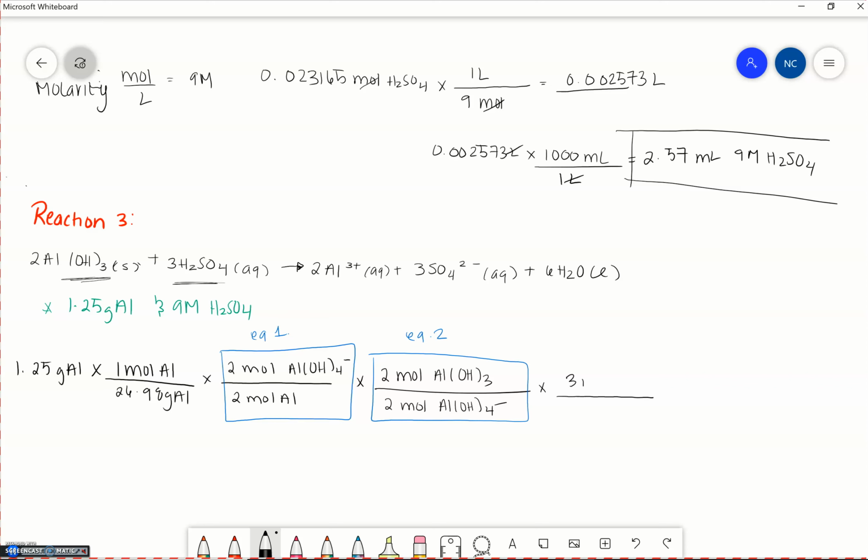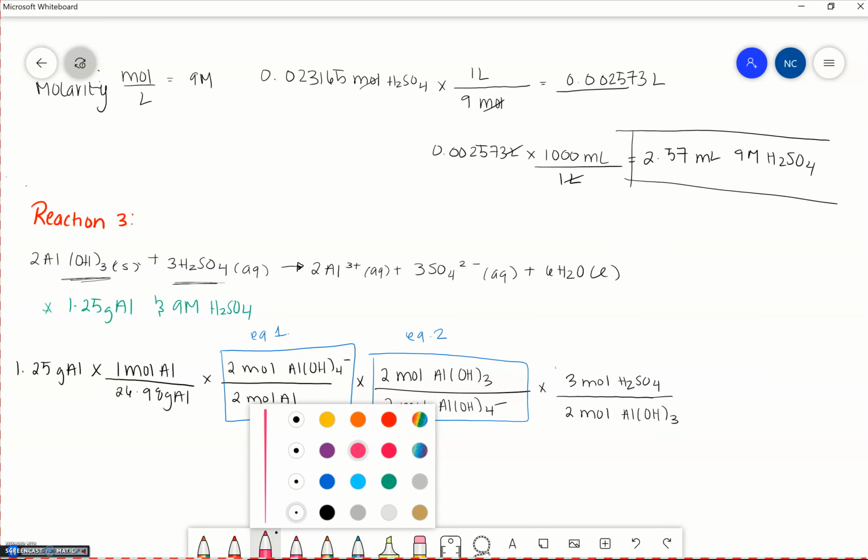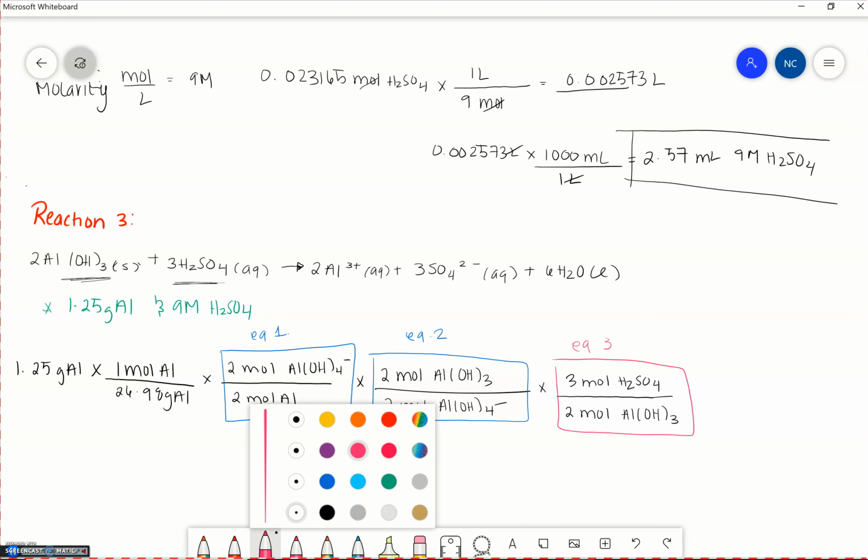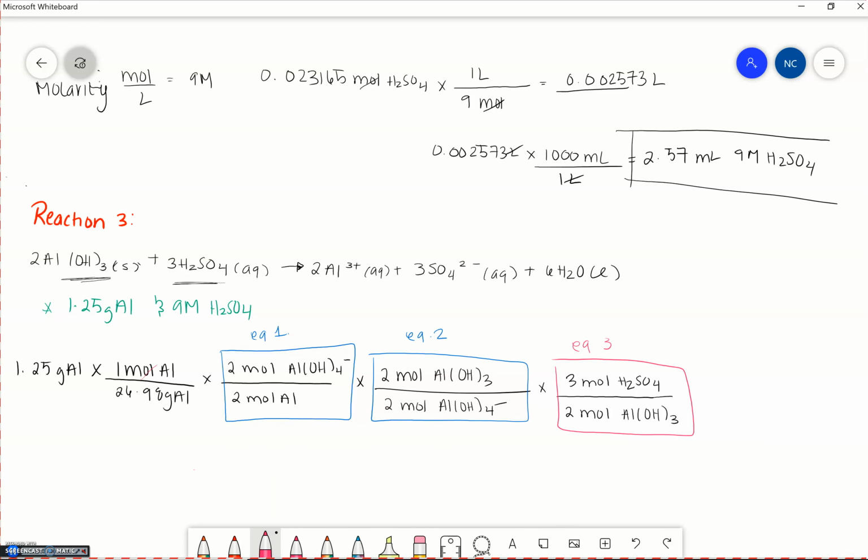In the numerator, it's going to be 3 moles of H2SO4 and divide by 2 moles of aluminum hydroxide 3. And this is from balanced equation 3. So when you go through, moles of aluminum cancels out, grams cancels out, this will cancel out, and then you're just left with moles of sulfuric acid.